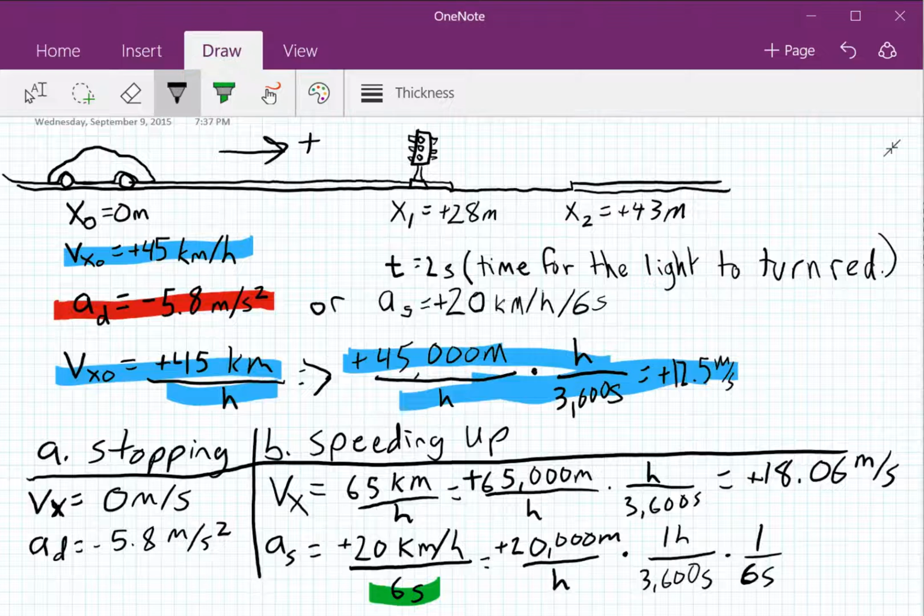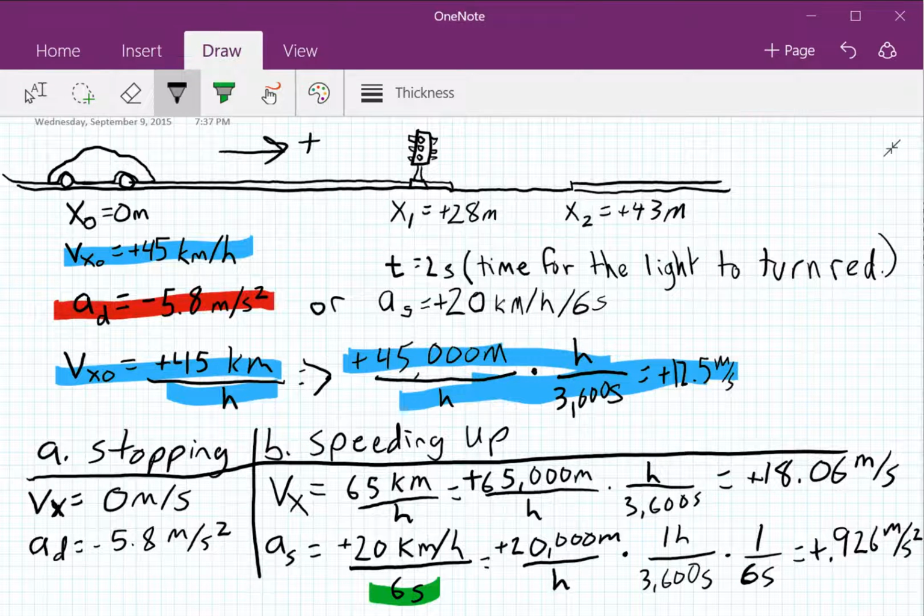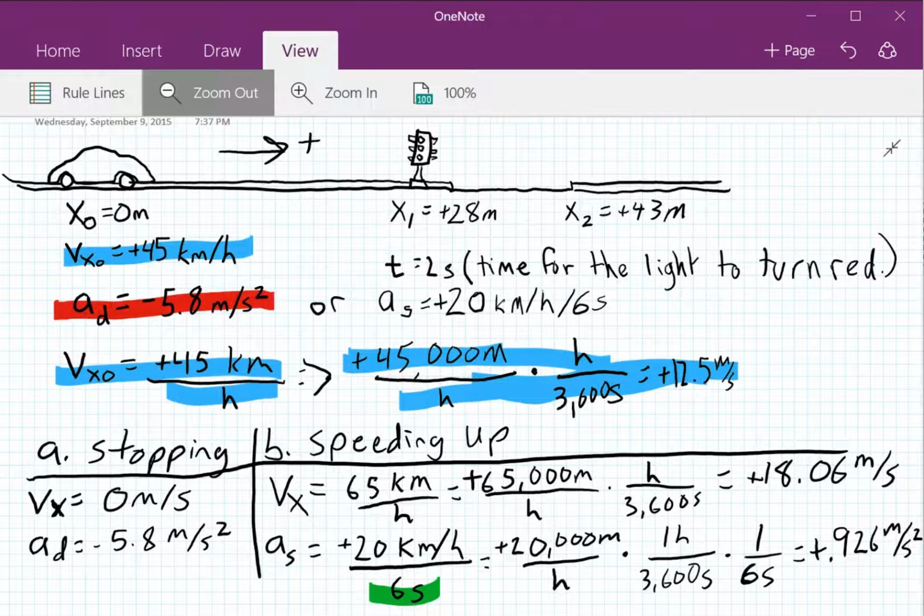Okay, so the bottom is multiplied and then you divide the top. You get a positive 0.926 meters per second squared. And that concludes all the values you need. Okay, now I'm going to show you how to solve for part A. I'm going to zoom out so we can continue to see everything.